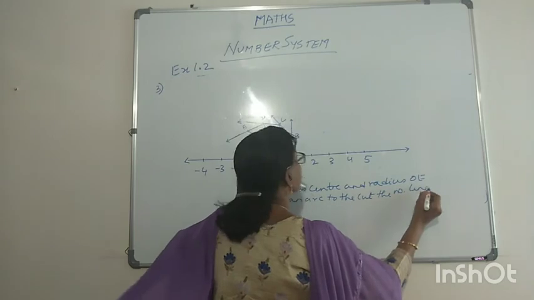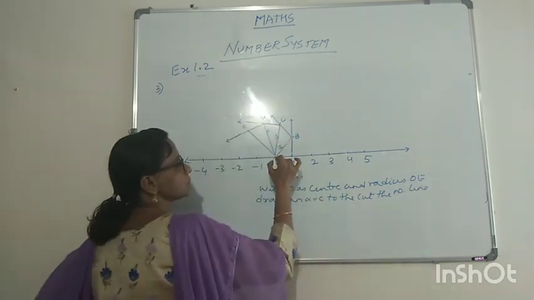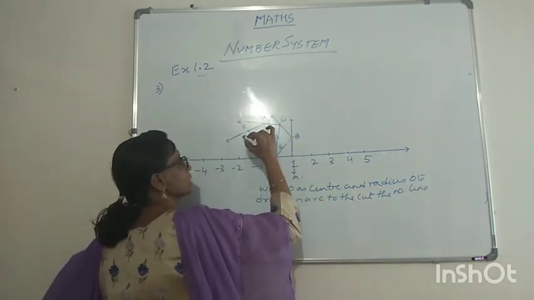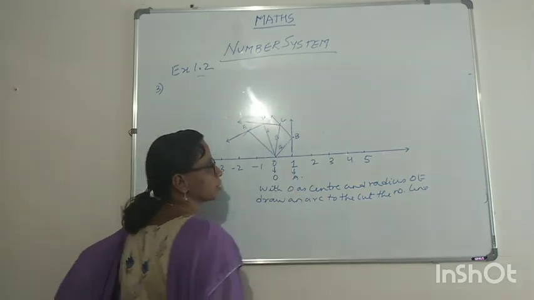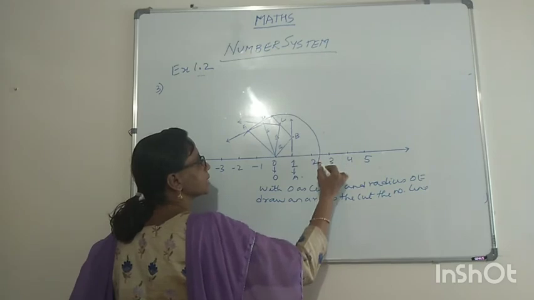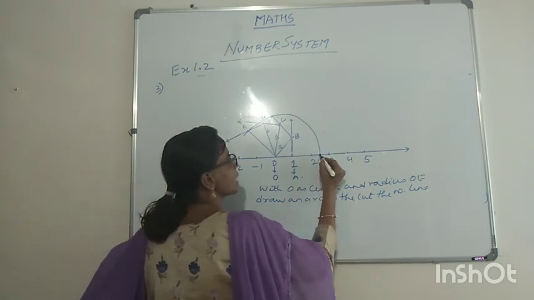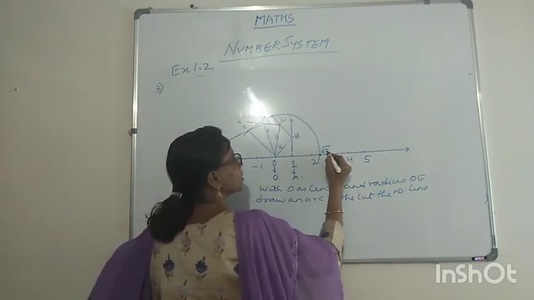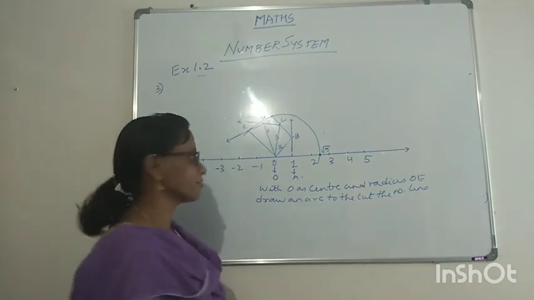So when you draw an arc, you keep your compass at O, take this OE, and you may get that arc. That arc will cut the number line somewhere between 2 and 3, and that point will represent root 5.